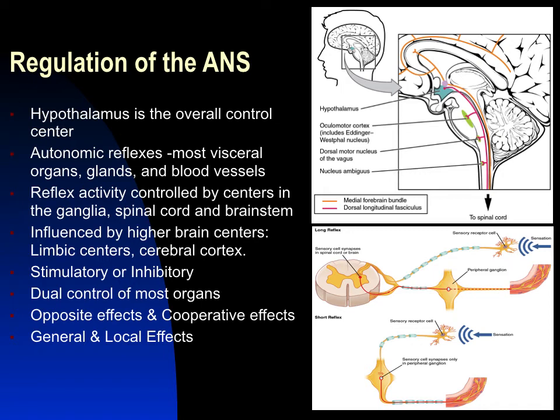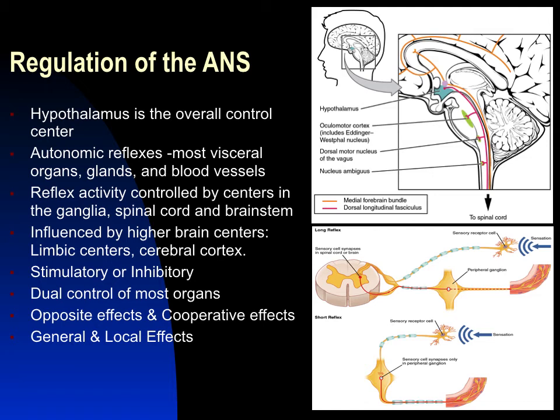Many of these activities function as reflexes. They're responses, and so given a certain stimulus, they will always produce a certain response. Many of these activities are centered in reflex centers in the spinal cord and in the brainstem, and sometimes in the ganglia of autonomic nerves.